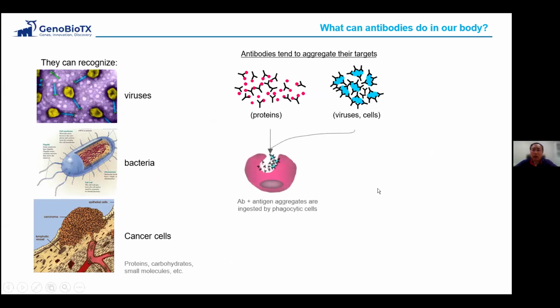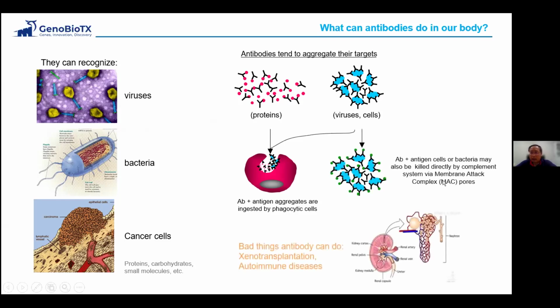Once the antibody aggregates those targets, the antibody-antigen aggregates may be ingested by phagocytic cells, for example macrophages, NK cells, something like that, or the antigen and antibody positive cells or bacteria may be directly killed by the complement system with membrane attack complex holes.